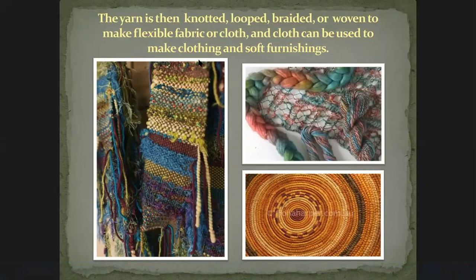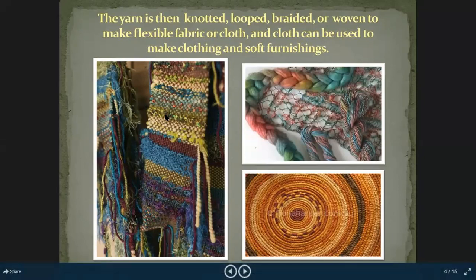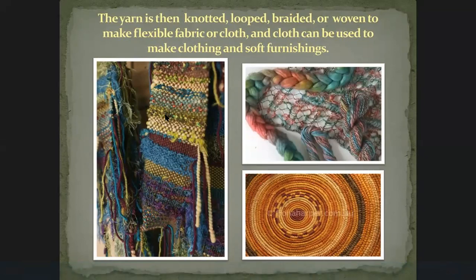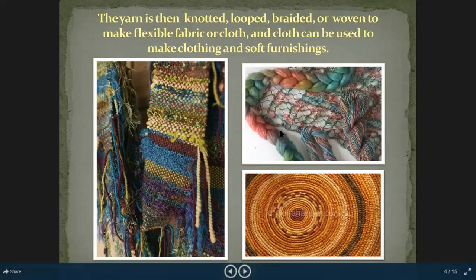So we have the yarn over here. A yarn is then knotted to create clothing. So it makes the cloth or fabric more furnished, just like in the picture that is depicted on our screen.